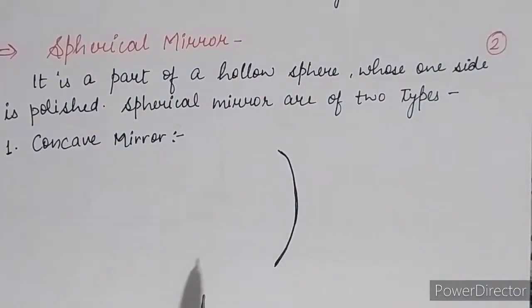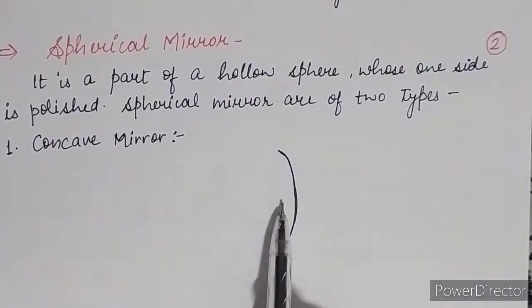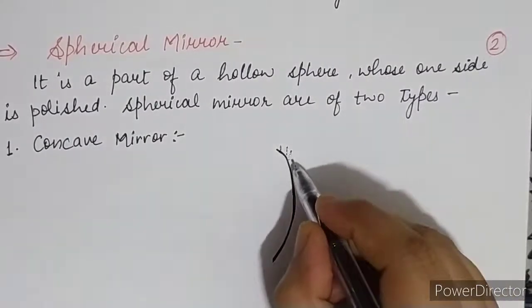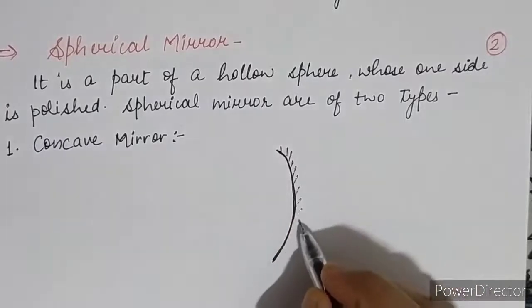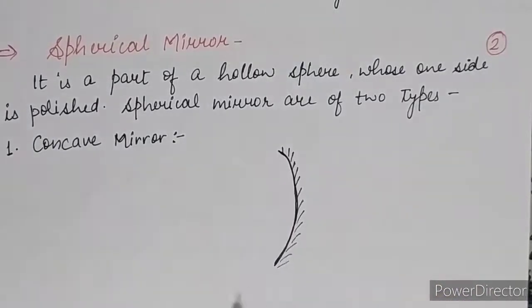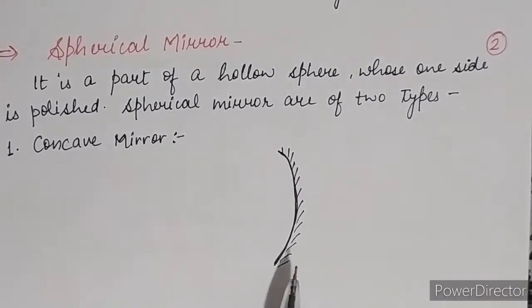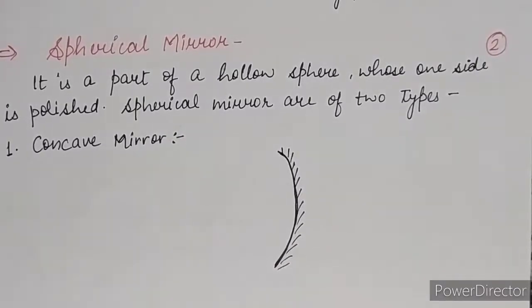Now if the inward bulging surface is the reflecting surface and the outward is polished, then such a type of sphere is the concave mirror.